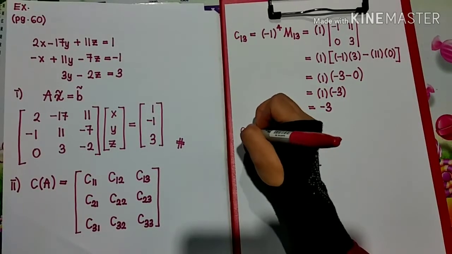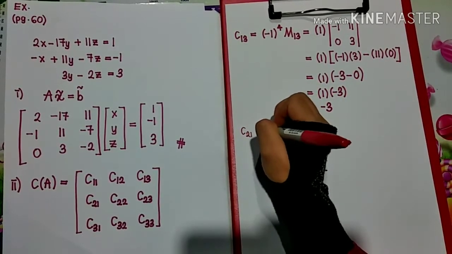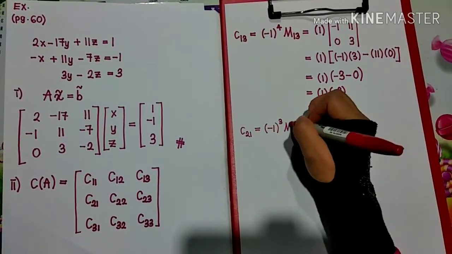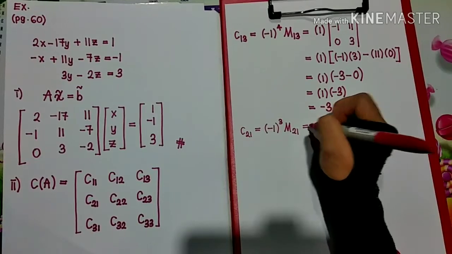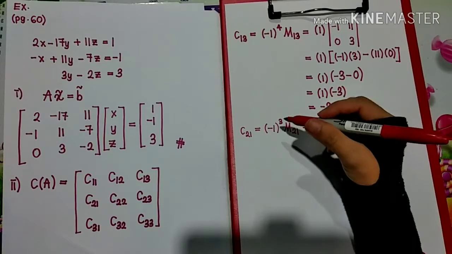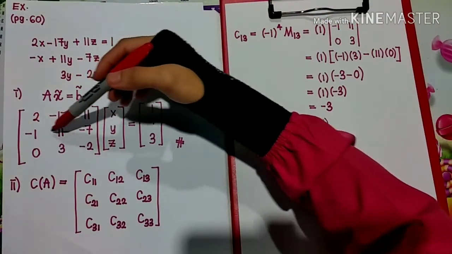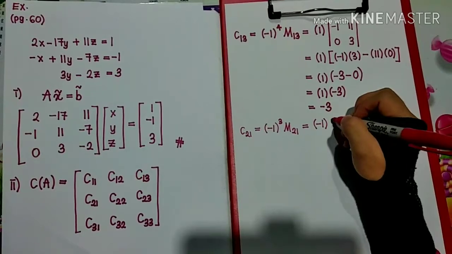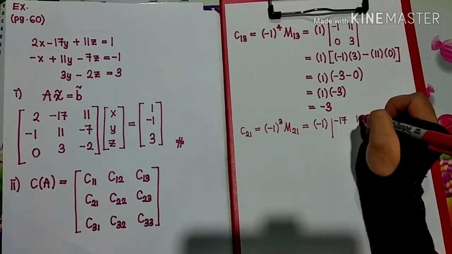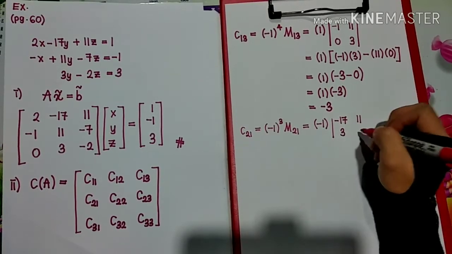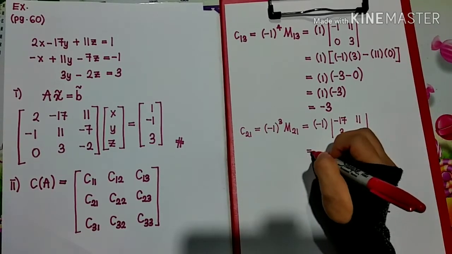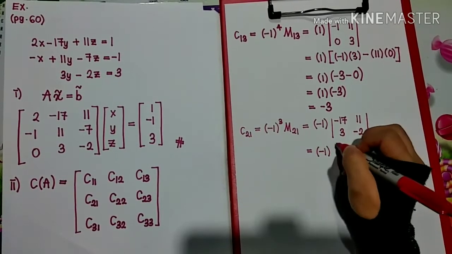Next one is C21. So negative 1 power 3 and 21. So negative 1 power 3 will be negative 1. And 21, so you delete second row, first column. So second row, first column. So you will be left with this one: 3, negative 2. So then we compute this one.